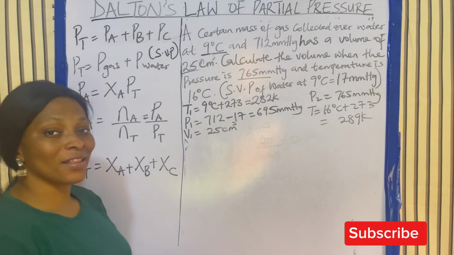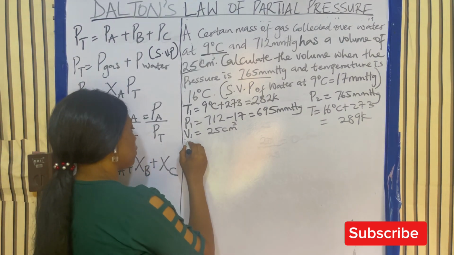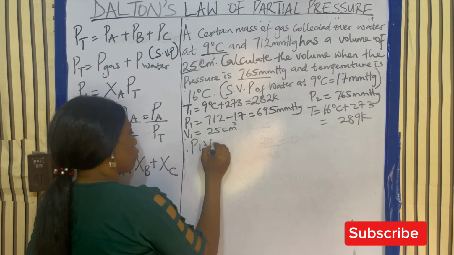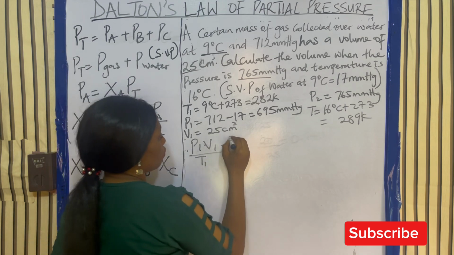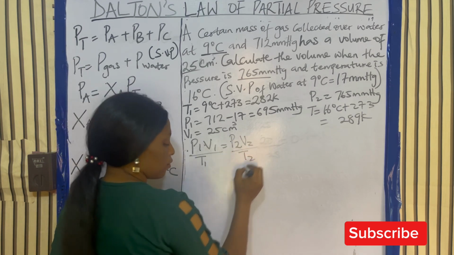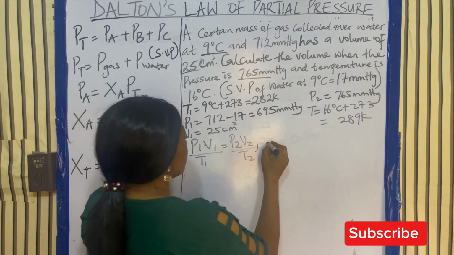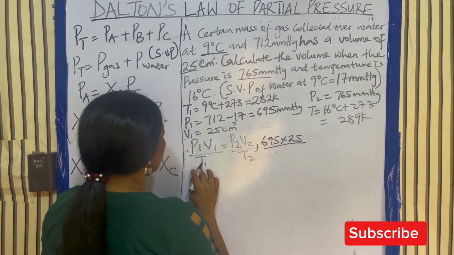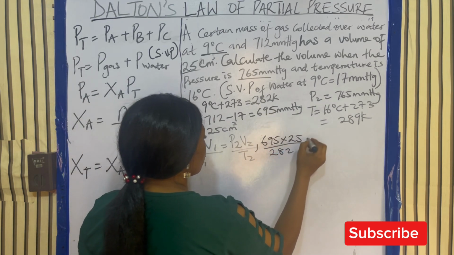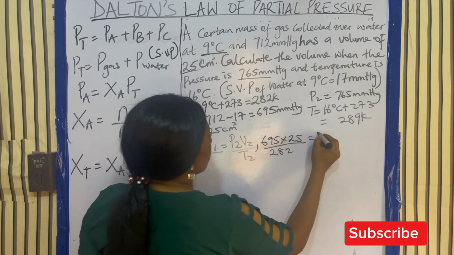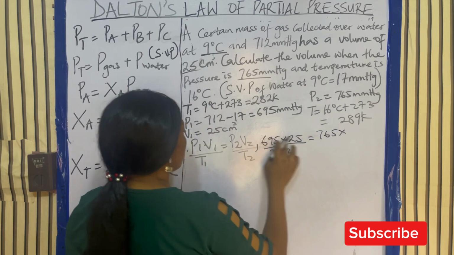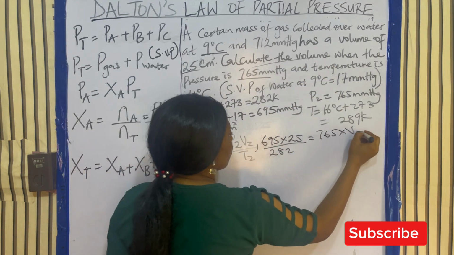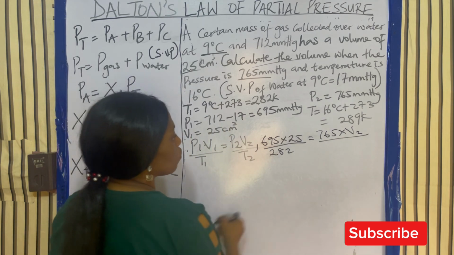Now we can solve using the general gas equation, which is P1V1 all over T1 equals P2V2 all over T2. Our P1 is 695 times V1, 25, all over T1, 282, is equal to P2, 765, times V2. V2 is what we are looking for because the question says calculate the volume, all over T2. T2 is what?